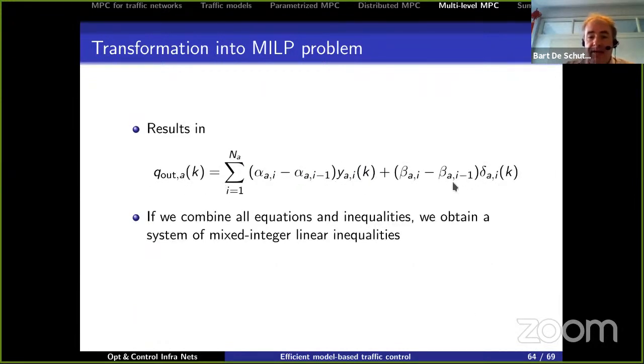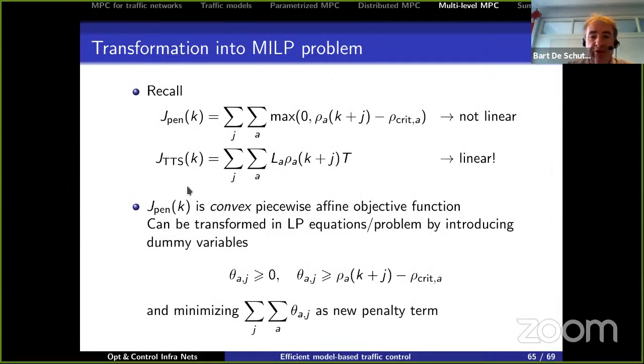So then we get linear relations, but we also have to deal with the objective function. The total time spent was already a linear term, but our objective function is still nonlinear because we have the maximum of 0 and a linear term. However, since this is a convex piecewise affine function, so a convex objective function, we can introduce a dummy variable and state that the new variable theta should be larger than 0 and also be larger than this term.